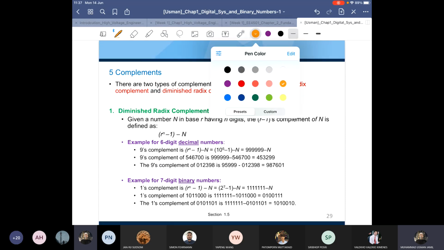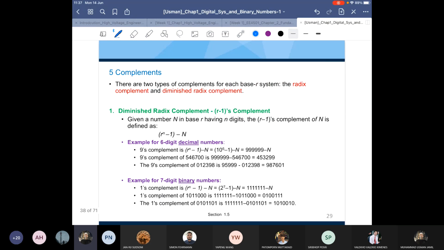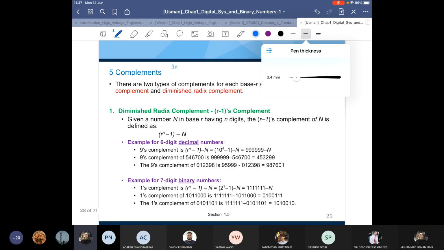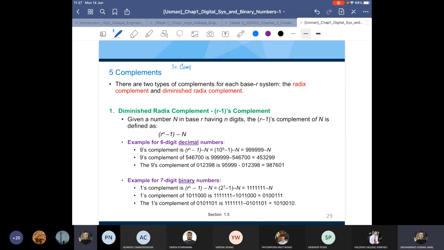So we use complements in computers to simplify the subtraction operation and for logical manipulation.